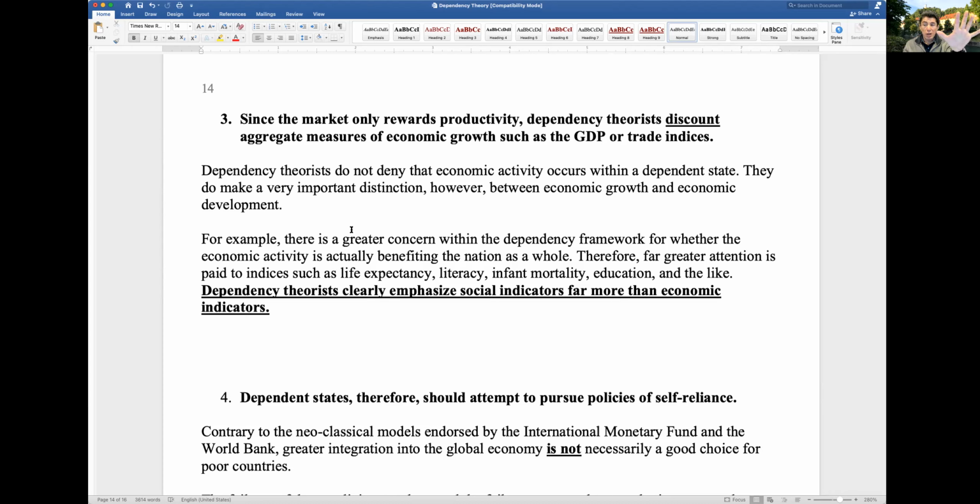But if you really want a good thermometer, a good pulse on the health of the economy, these are not going to give you the whole picture. No way. In addition to these typically used traditional indicators, you need another set. You need to look at poverty rates, income distribution, access to education, access to water, access to health. You see, we're talking about a very different set of indicators that normally are out of the picture.